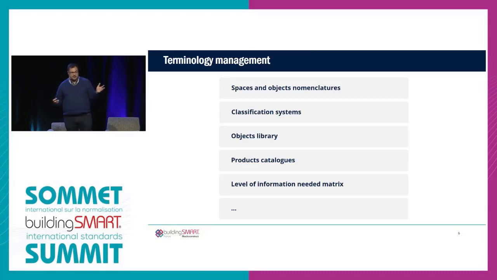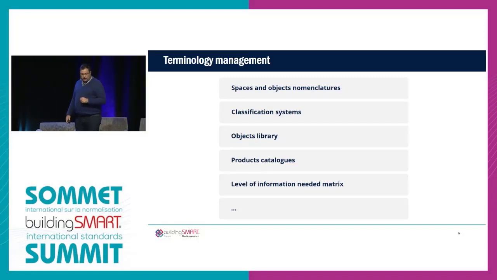So if you want to exchange data from an architect, an engineer to other users on a project, even in the use of digital twin, of course, you have to share your terminology, and you have to be sure that the terms you use to describe your data model will be understood the same way by the other users as your own understanding, okay?